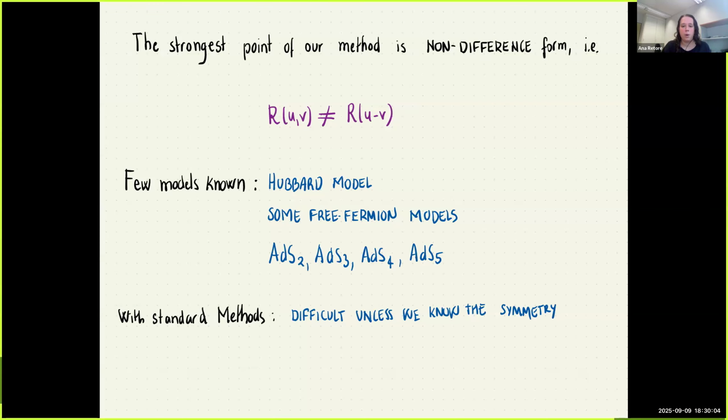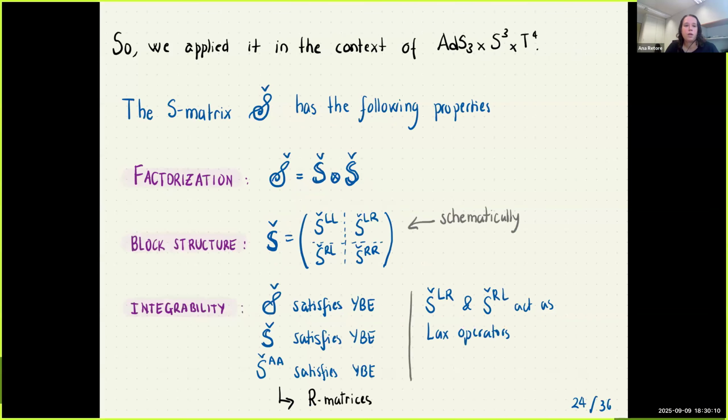So we thought, can we try to use this to deform one of these models in AdS/CFT? AdS3 is a very interesting one. If you're not familiar, what you need to know for this talk is that the S matrix that describes AdS3 times S3 times T4 has the following properties.